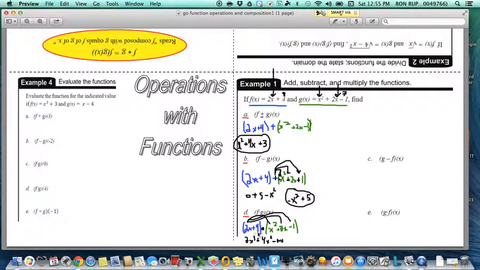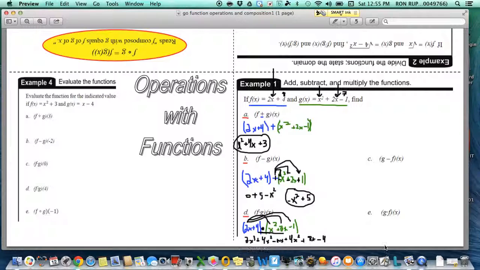And then we do the 4. 4 times x squared is 4x squared. And 4 times 2x is 8x. And 4 times negative 1 is negative 4.